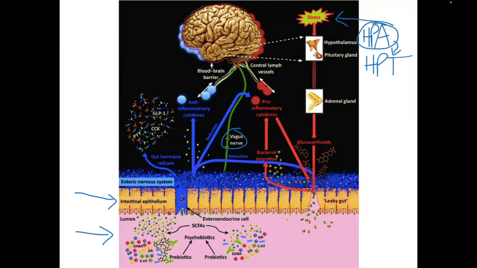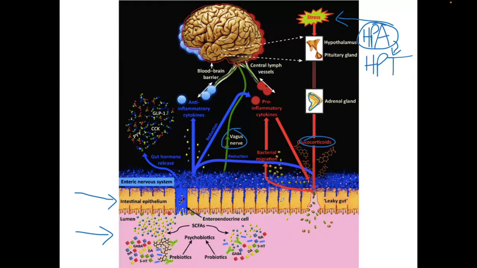Anyway, stress comes in and it goes to the outer part of the adrenal gland where you have the cortex. On the inside is the medulla, and the adrenal cortex makes these glucocorticoids. Cortisol, cortisone, corticosterone, these are all glucocorticoids. And the cortisol production creates this permeability.